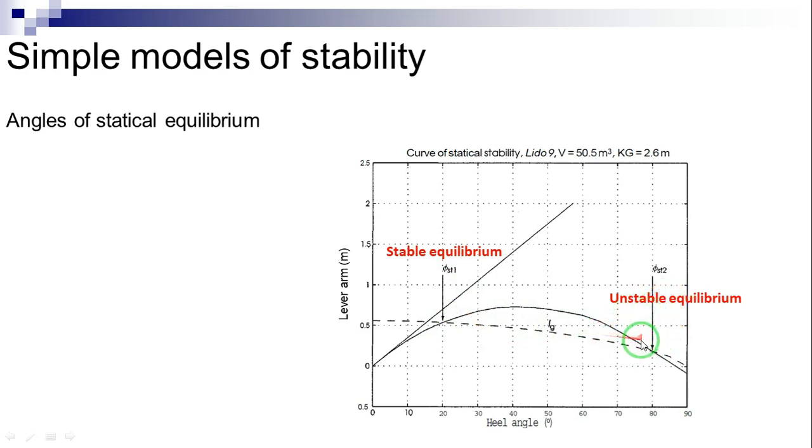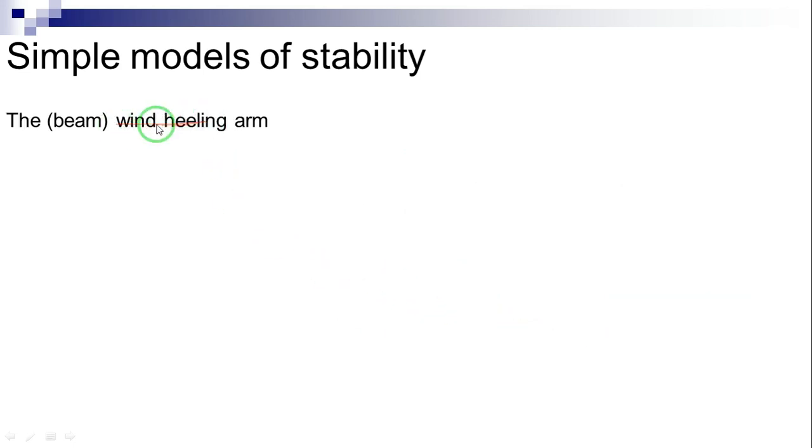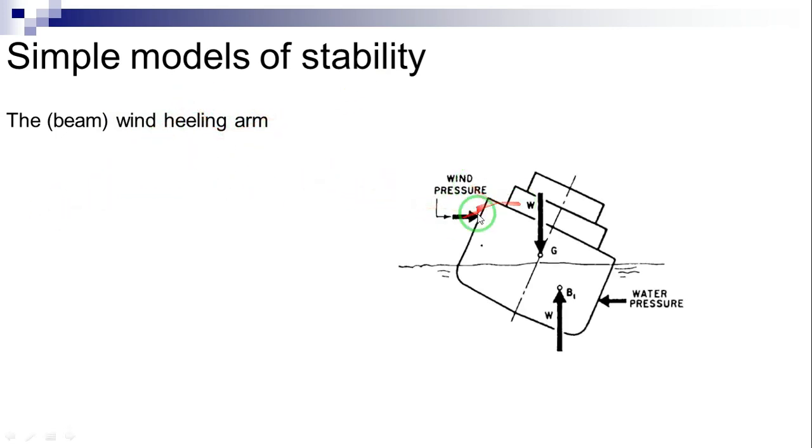The beam wind heeling arm. When a ship is exposed to a beam wind, the wind pressure acts on the portion of the ship above the waterline, and the resistance of the water to the ship's lateral motion, as shown here, exerts a force on the opposite side below the waterline, as shown here.